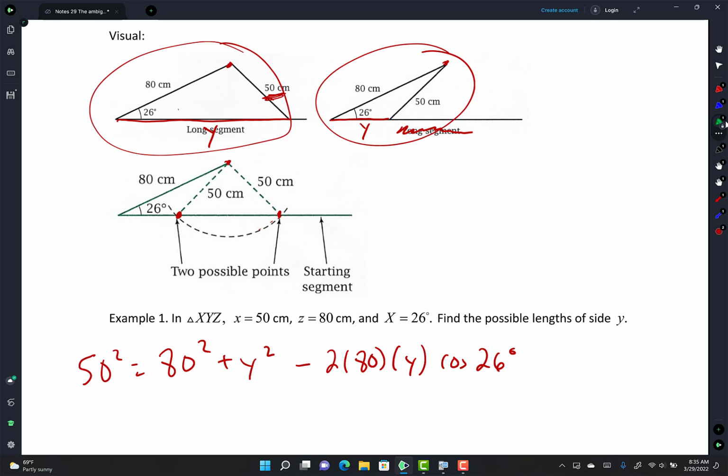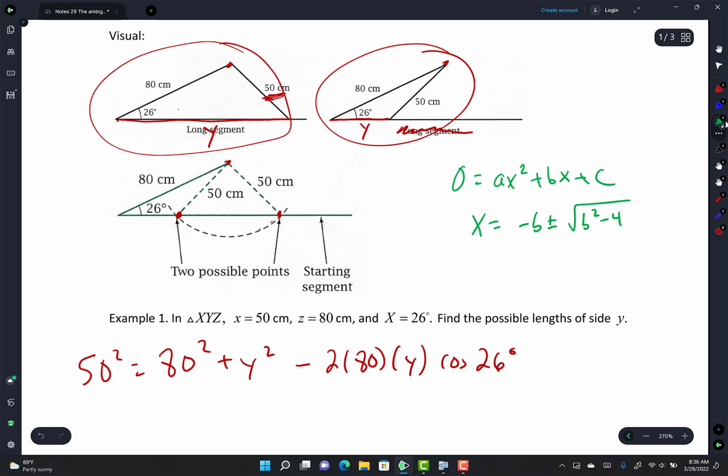So if you had this, 0 equals ax squared plus bx plus c, one way is either factor it or use the quadratic formula. x equals negative b plus or minus square root of b squared minus 4ac all over 2a. Do you guys remember that? So it's the same thing with this, guys.